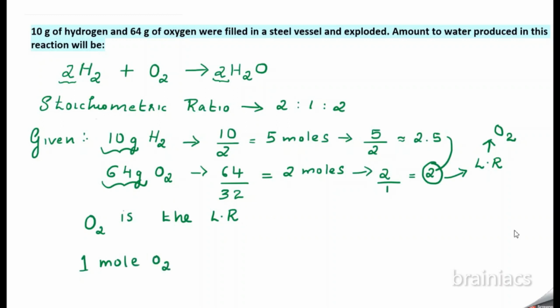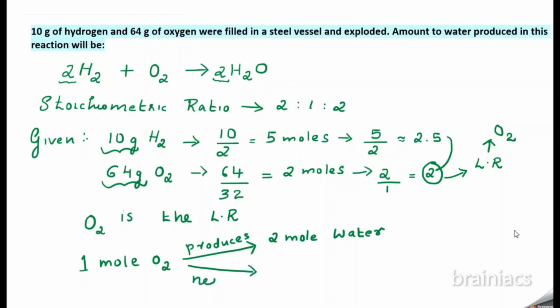Tell me, 1 mole of O2 produces, tell me how much mole of water? 2 mole water as per stoichiometric ratio. 2 mole water. Correct? Now tell me, 1 mole O2 needs what?